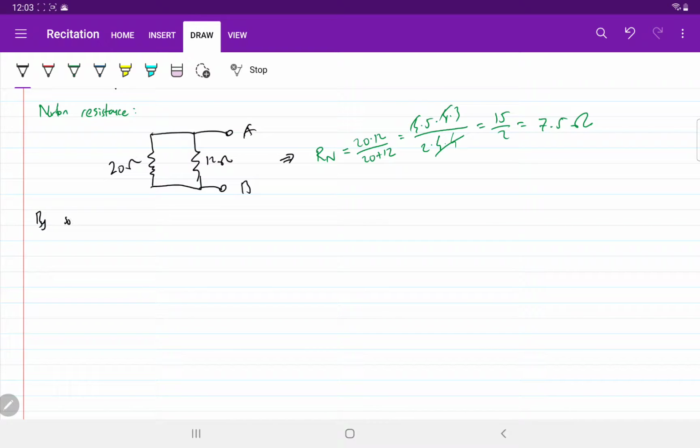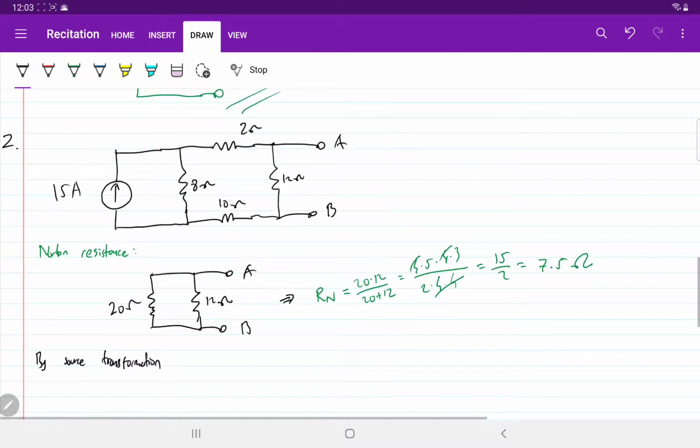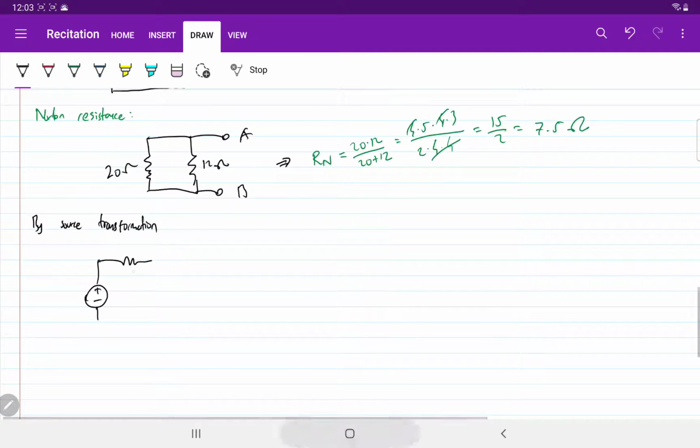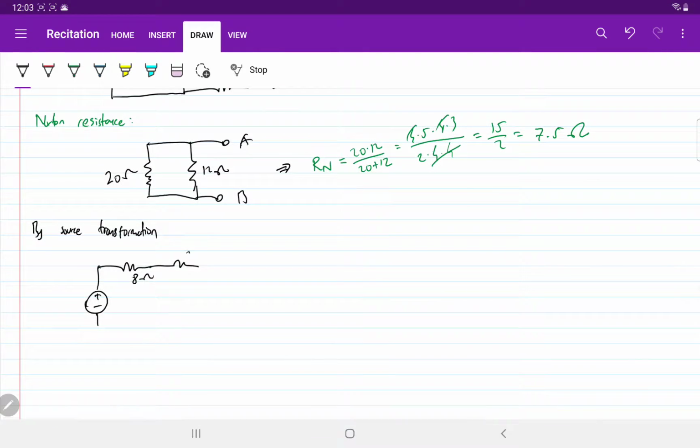By source transformation we can transform it into a voltage source in series with the same resistor there, 8. Still have 2 and 10, and they are in parallel with 12 ohm, and here's the terminal AB.